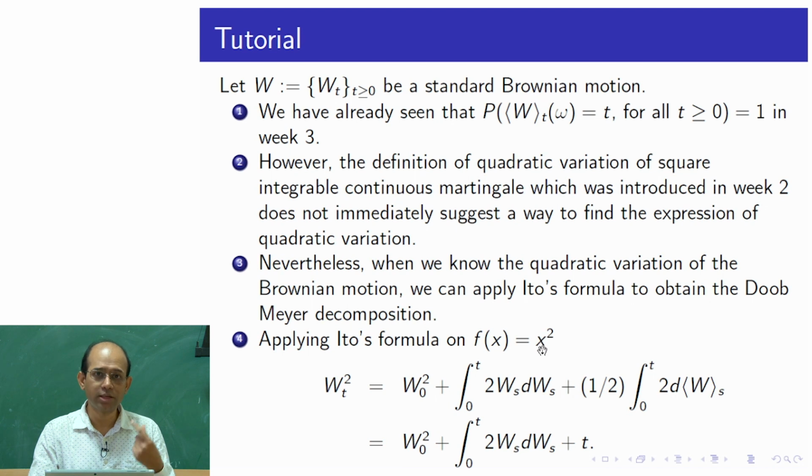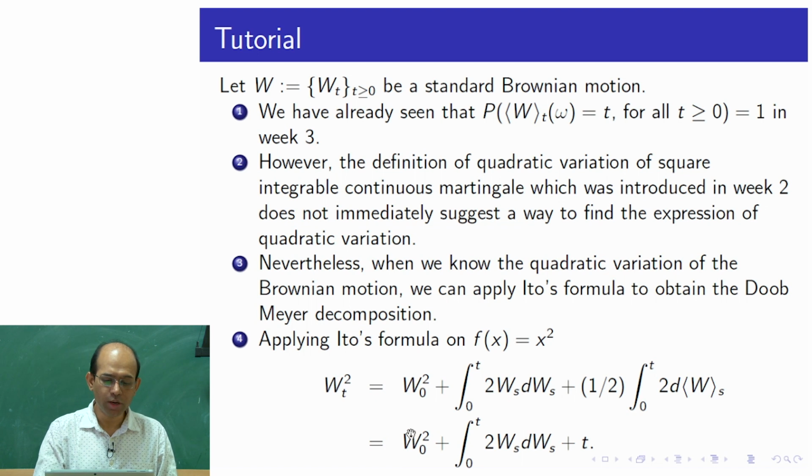The derivative of 2x is just 2, correct, and then the quadratic variation would appear. This you have already computed, and it can be taken as just s, so ds. Half and 2 would cancel each other, so the integration from 0 to t of ds is t, and here we have 2 W_s dW_s.